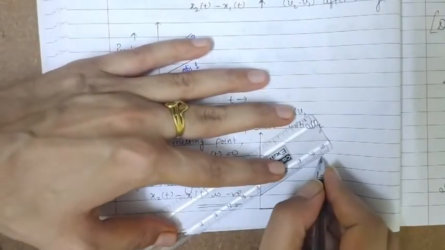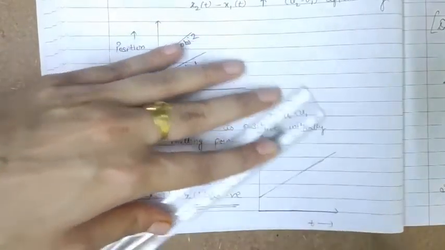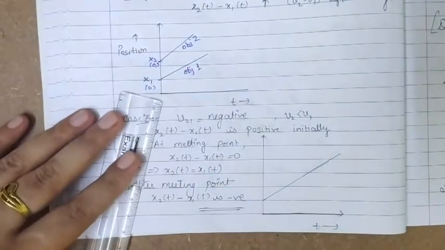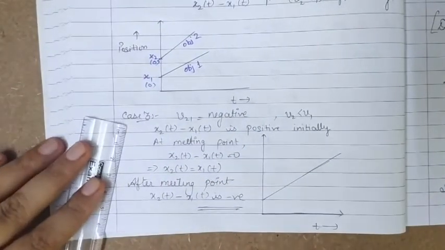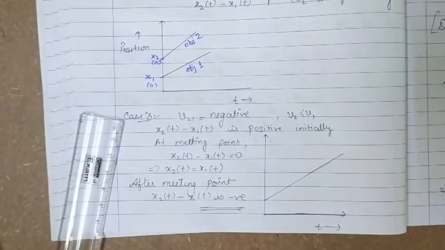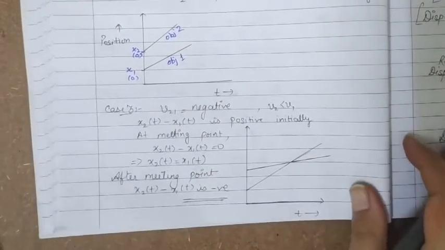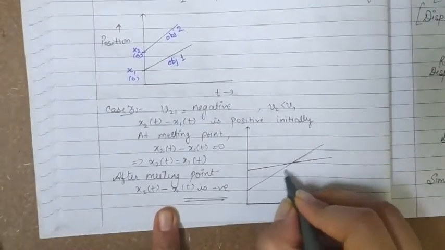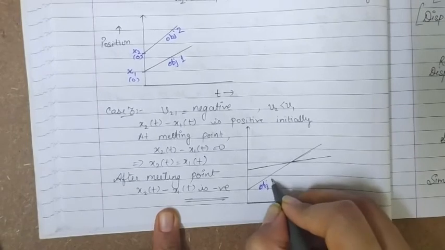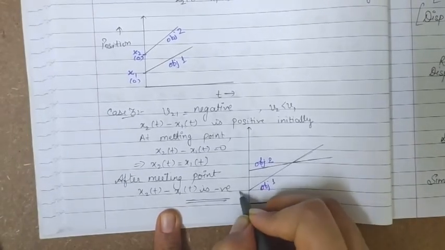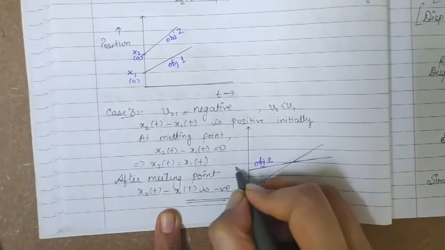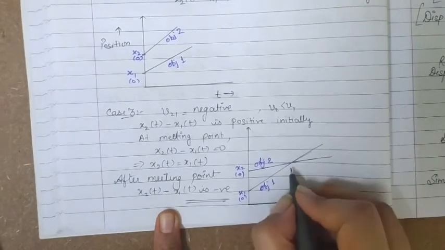This is the line for the first object, and the second object will move a bit slower in comparison to the first object. So this is how the graphs look. This is the line for object 1 and this one is for object 2. Initial position of 1, initial position of 2, and this is the position.